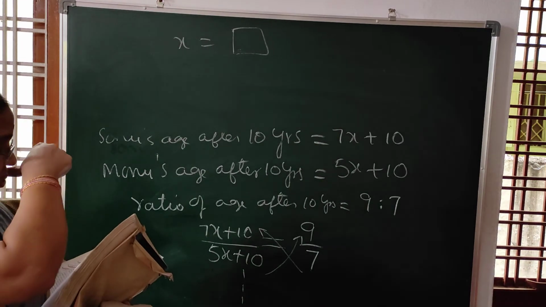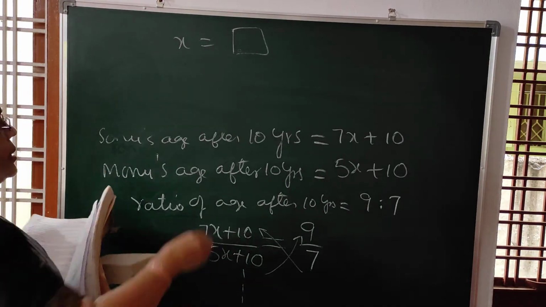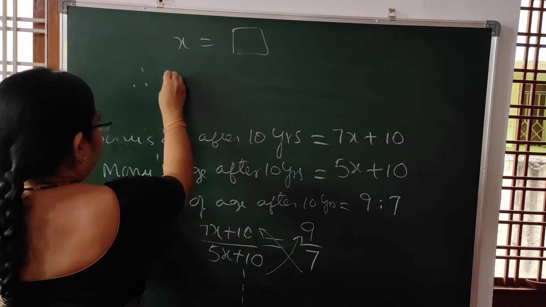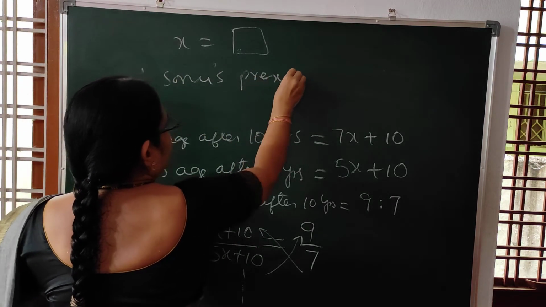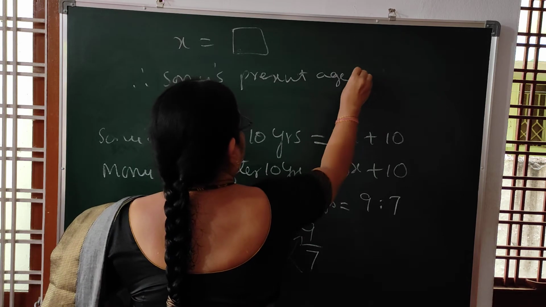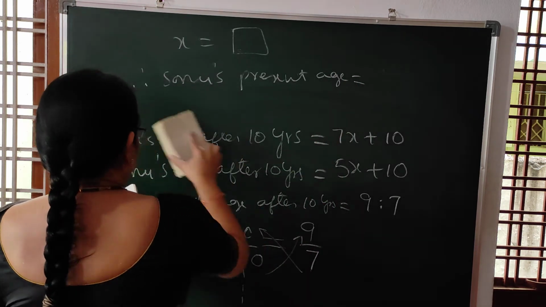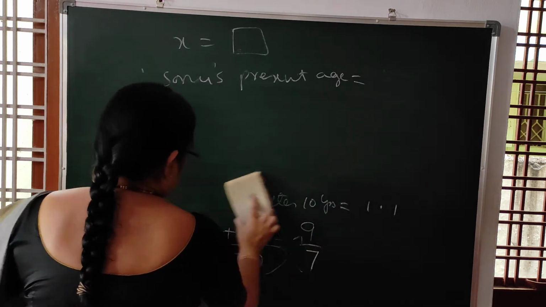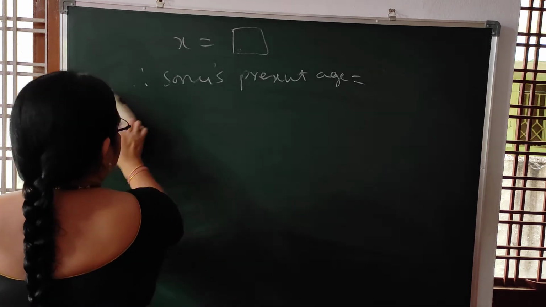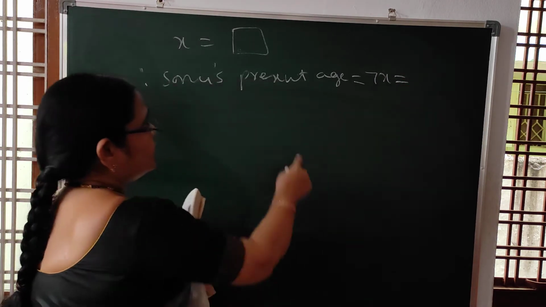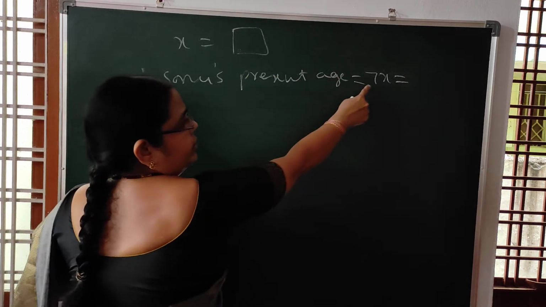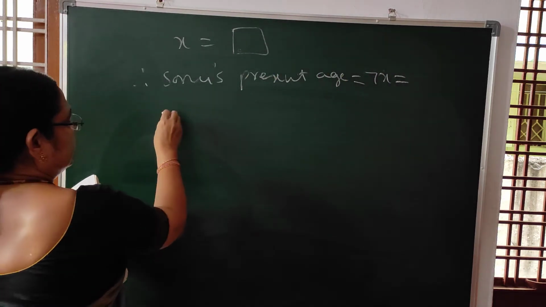What are you asked to find in the question? Find their present ages. Therefore, Sonu's present age is 7x. So x is equal to something you are getting. 7 into x gives you Sonu's present age.